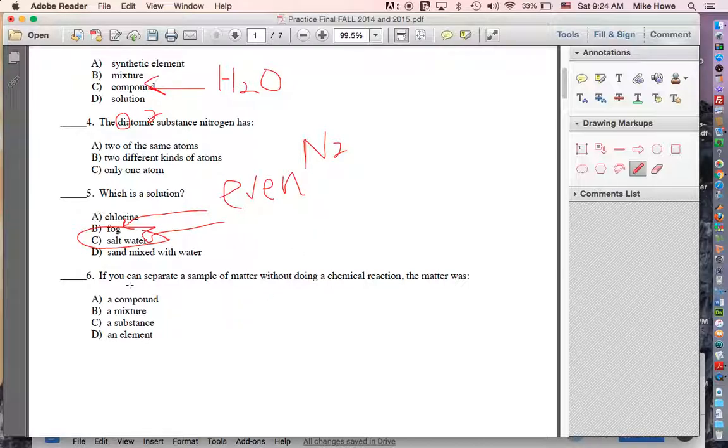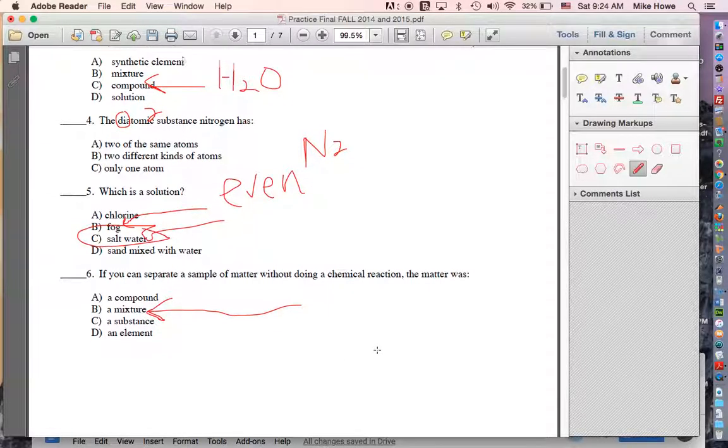Number 6, if you can separate a sample of matter without a chemical reaction, then the atoms were not bonded together, at least not with a chemical bond. So we would say that the matter was a mixture because we didn't have to do a chemical reaction to separate it. That would be one of the first things we did.